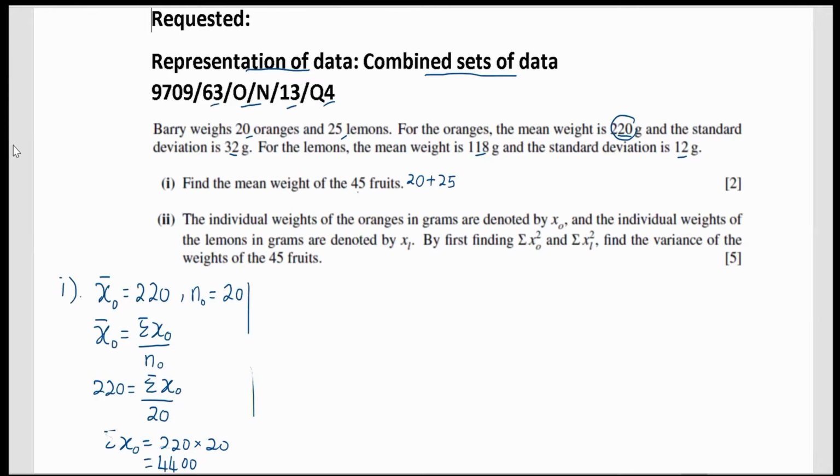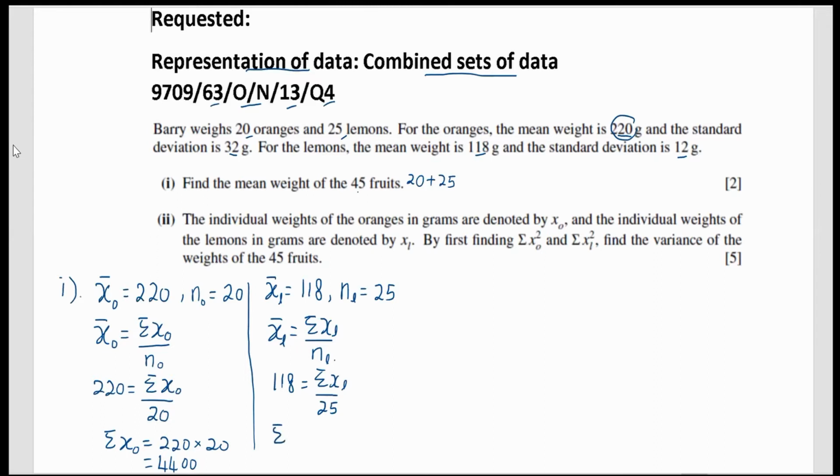And then we do the same thing for the lemons. The mean of the lemon is given as 118, and there are 25 lemons. So the mean of the lemon is the total weight of the lemons divided by the number of lemons. The mean is given, the total weight of lemons is what we need to determine, and there are 25 of them.